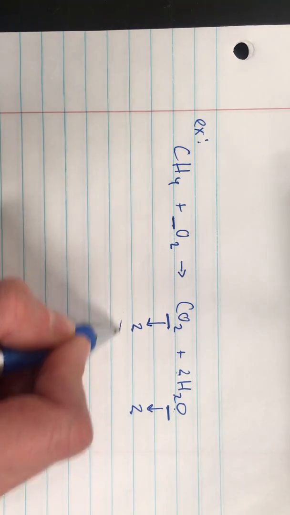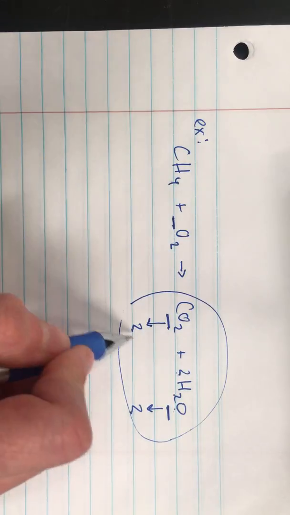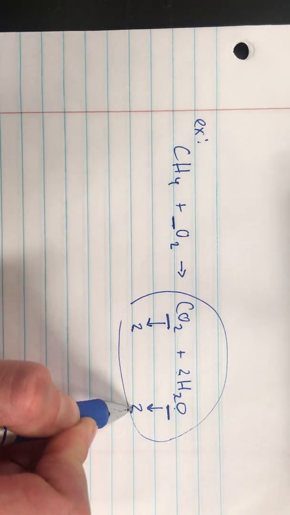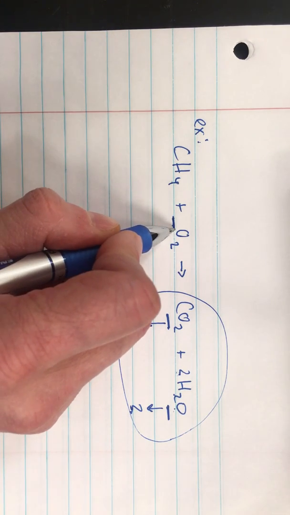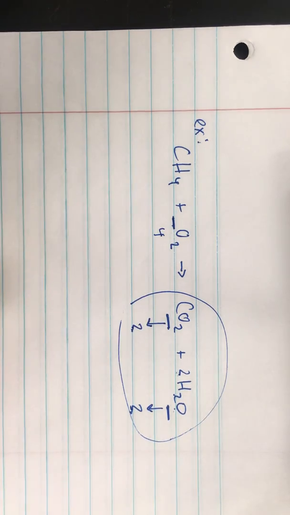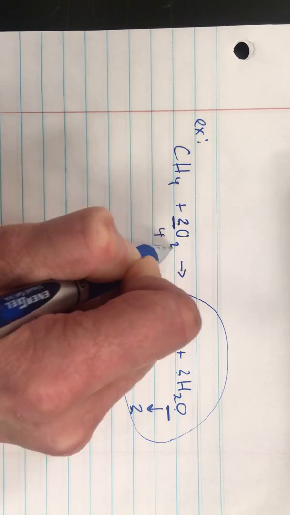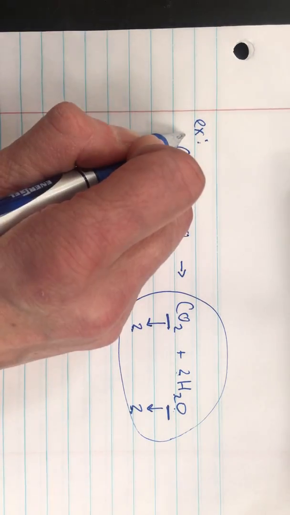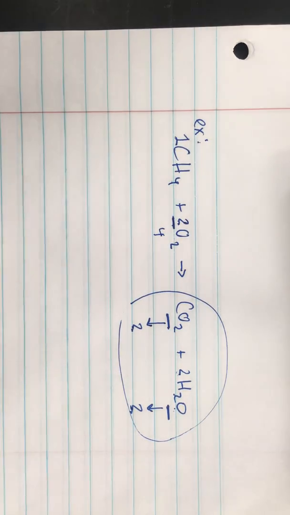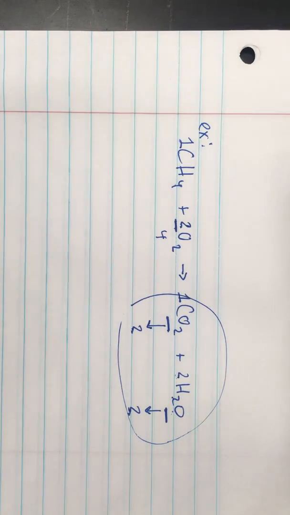So on this side you have a total of 4 oxygens, 2 plus 2. So what I need is for this to be 4. What coefficient will give me 4 oxygens? That's right, a 2. 2 times 2 would give me the 4. Come over here and you put a 1. Come over here, put a 1. And you're balanced.